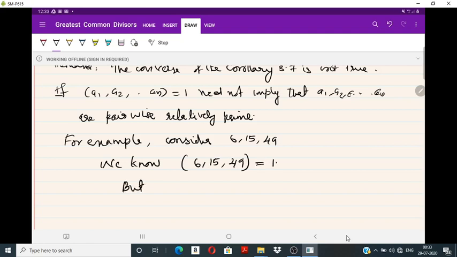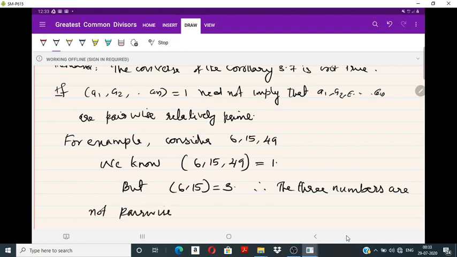But we can see that GCD of 6, 15 is equal to 3. Therefore, the three numbers are not pairwise relatively prime. So GCD of a1, a2, etc. an equal to 1 need not imply that they are pairwise relatively prime. This is such an example.